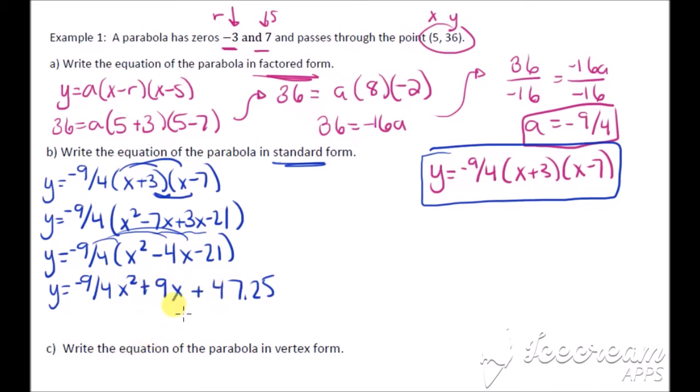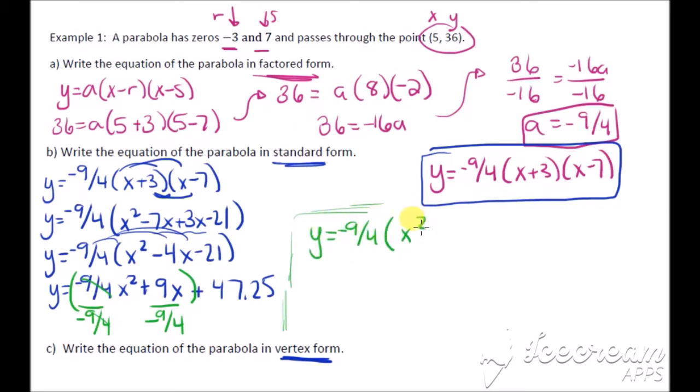Now we're going to take this and write it into vertex form, and I'm going to use my space here wisely. First we're going to group the first two terms, and pull out a negative 9 over 4. We get y equals negative 9 over 4, and then in the bracket we get x squared.